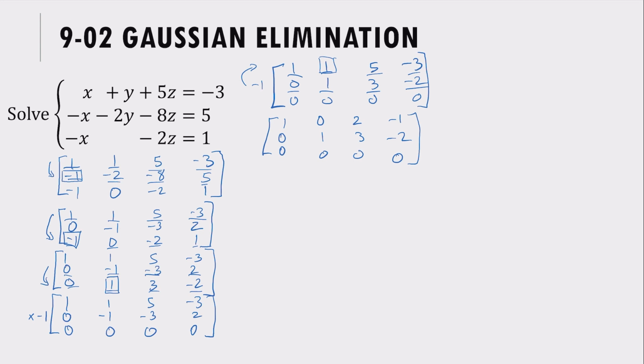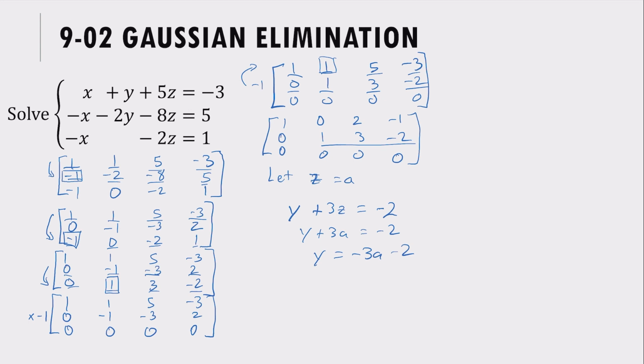All right, since it's many solutions, we're going to make the statement. Let z equal a. And then if I take the second row, that's 1y plus 3z is negative 2. But z is a, so y must be negative a minus 2.